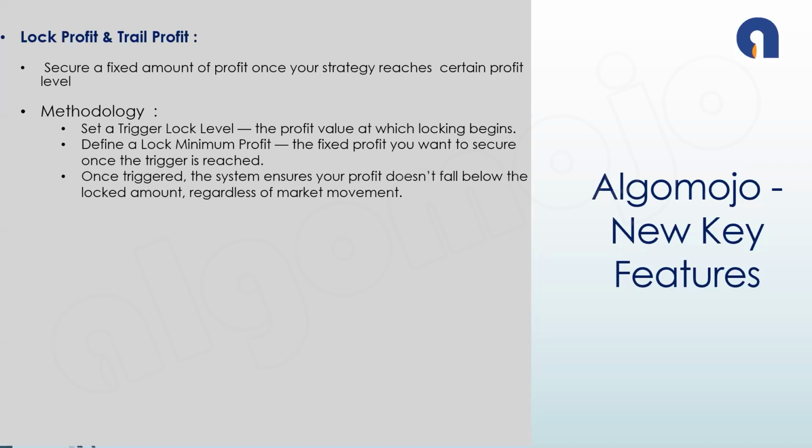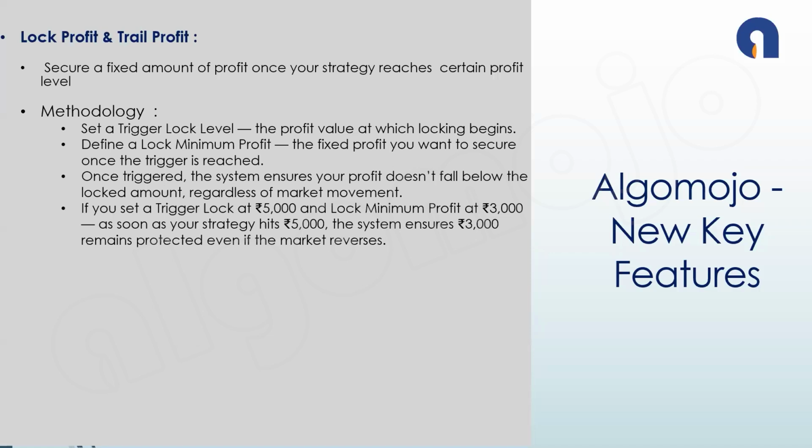The way you set it up is, suppose you're in a profit of the actual P&L, I'm not talking about the M2M. The actual P&L of your positions taken has reached, say, 5,000 rupees, and you say, okay, the minimum profit that I want to take is 3,000 rupees. Enable this once the profit level reaches 5,000.